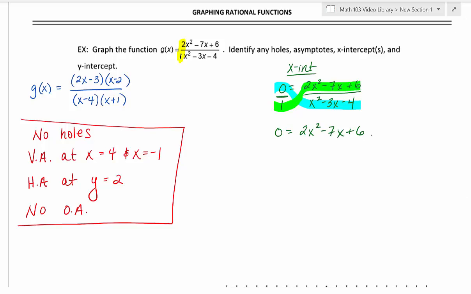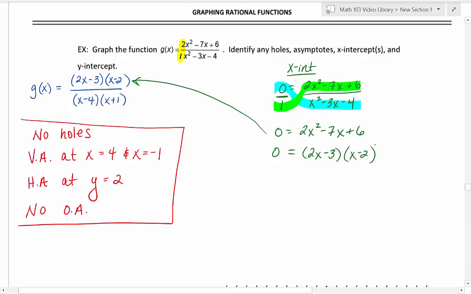I'm going to solve by factoring, but notice we already factored that polynomial over here. Rather than redoing the work, I would just look to what I had already done. We get 0 equals 2x minus 3 times x minus 2.